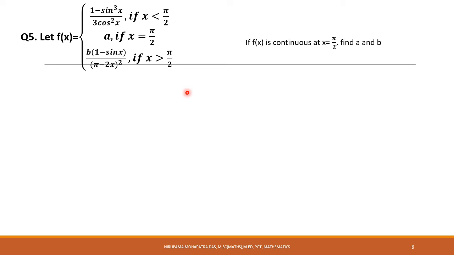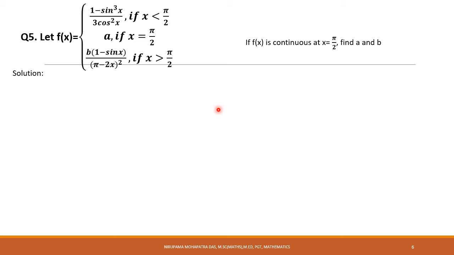And here f(pi by 2) equal to a. So here what we need to do? Find a and b if the given function is continuous at x equal to pi by 2.